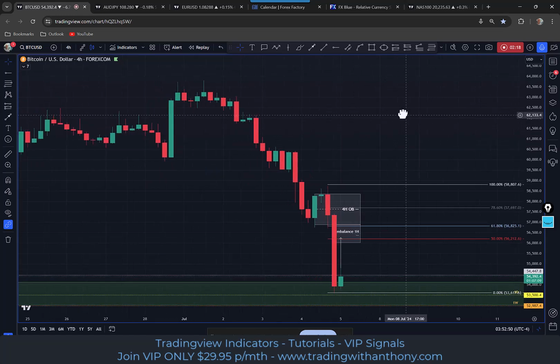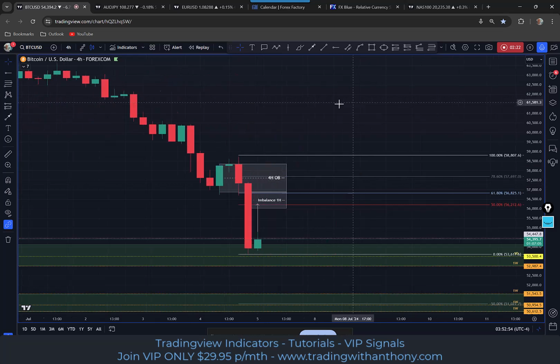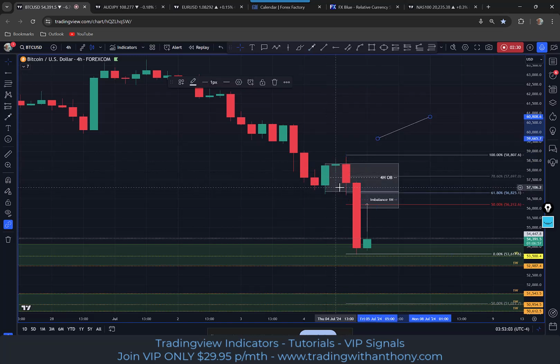Now the way to get involved with this, well, actually before I do, we've got this 4-hour order block. I'm looking at the high and low of these green candles. In fact, I could move that slightly up. I'll pick up the candle body low, candle body high, 4-hour order block.